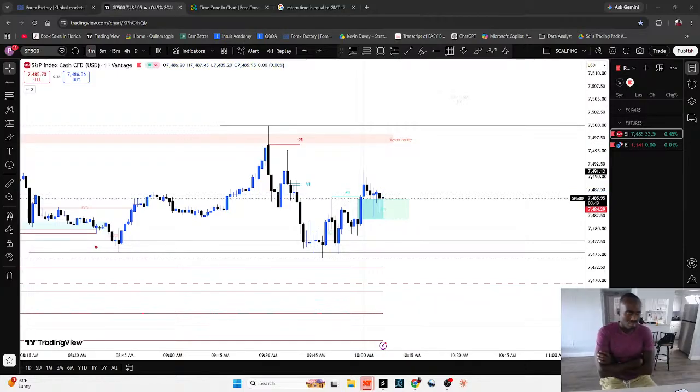Right, NASDAQ's approaching midnight open. ES still holding up. It's pretty much why I haven't taken a trade yet.